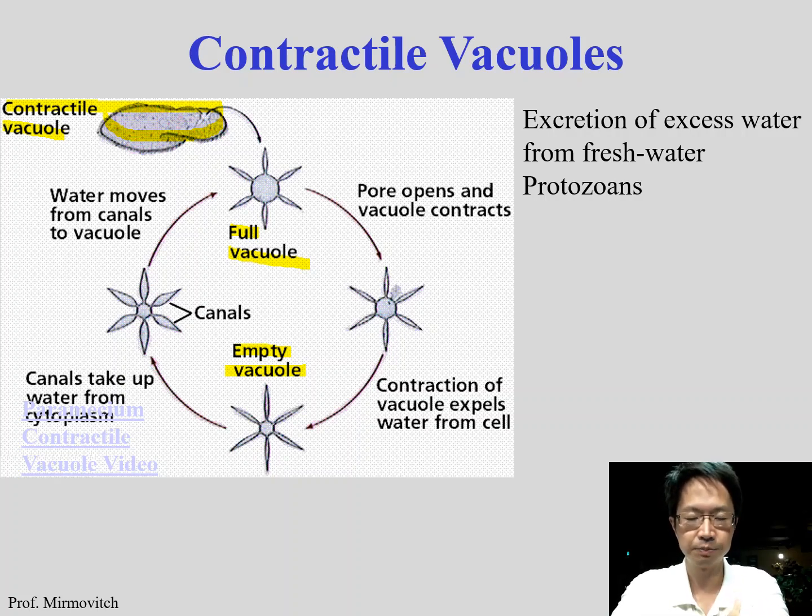The contractile vacuole collects that excess water and keeps squeezing it out of the cell, so that the paramecium does not absorb too much water and burst. If it bursts, then of course it will kill the paramecium. So the contractile vacuole is the internal mechanism for the paramecium to maintain homeostasis.